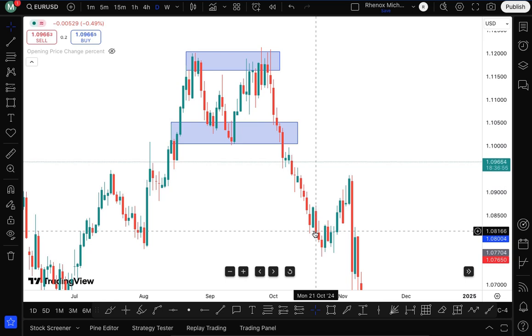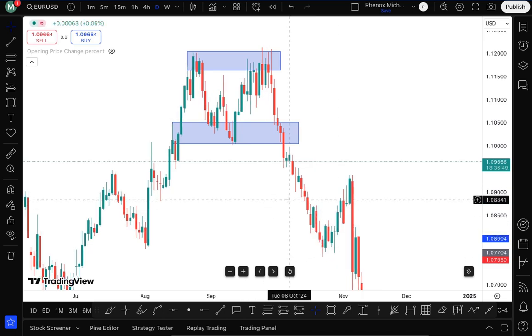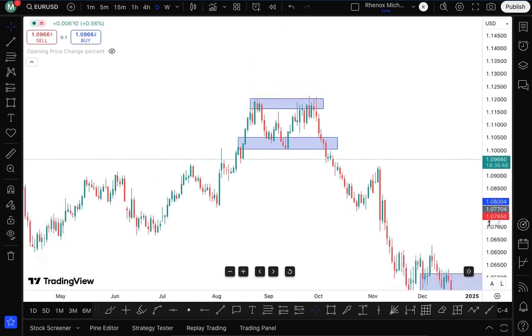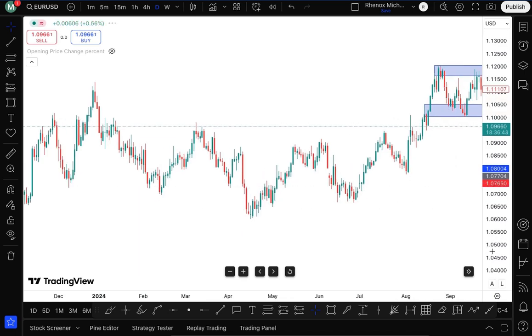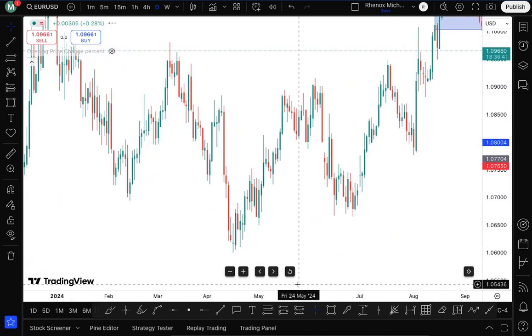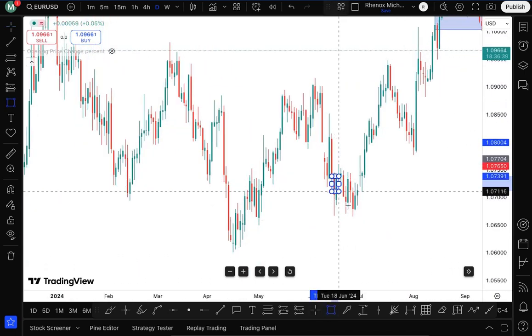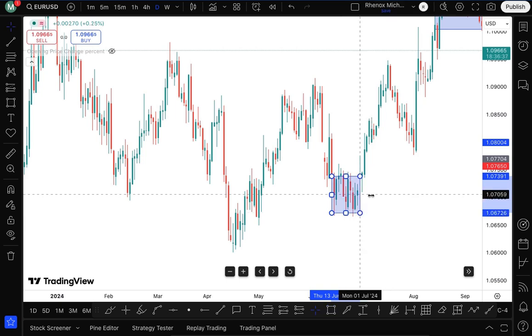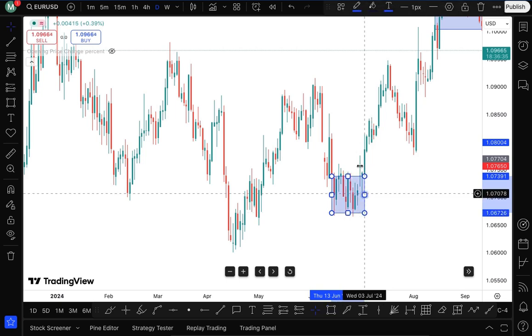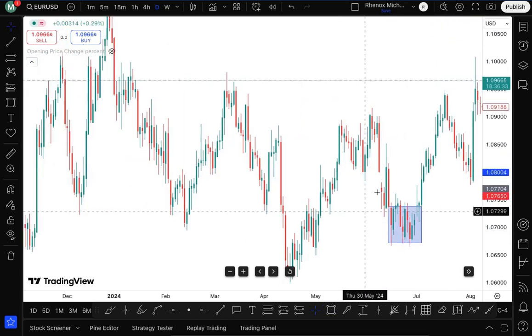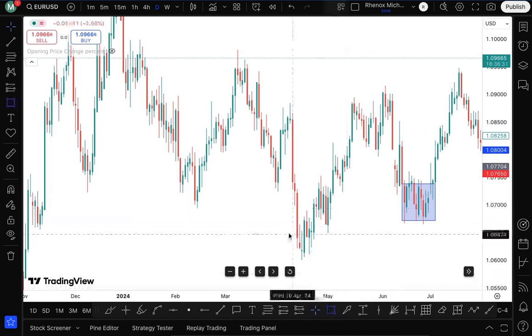Then act accordingly. Make sure to be able to spot accumulation and distribution on your chart. Whenever you notice a consolidation, make sure to spot them on your chart without hesitation. That will give you a better edge on finding out where price is headed. So that will be an assignment for you all.